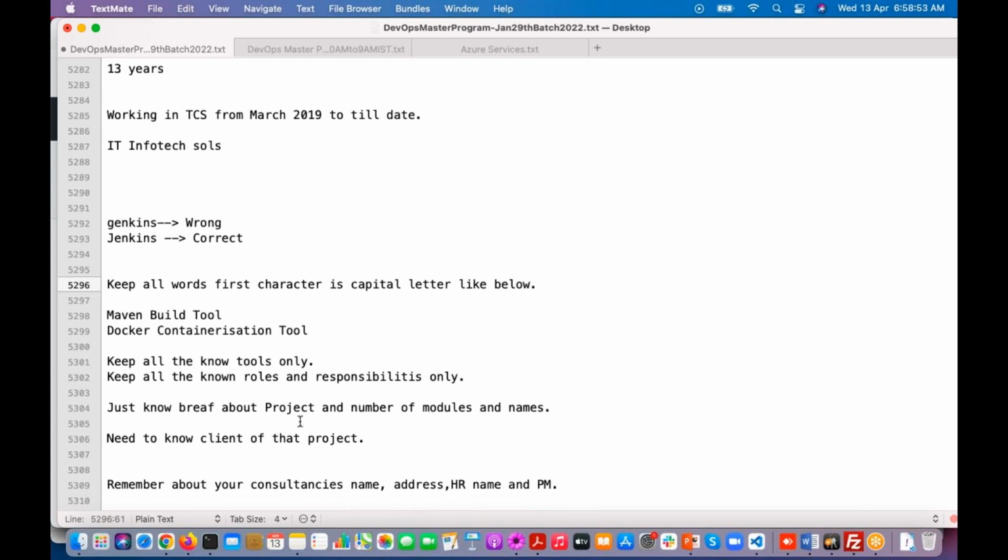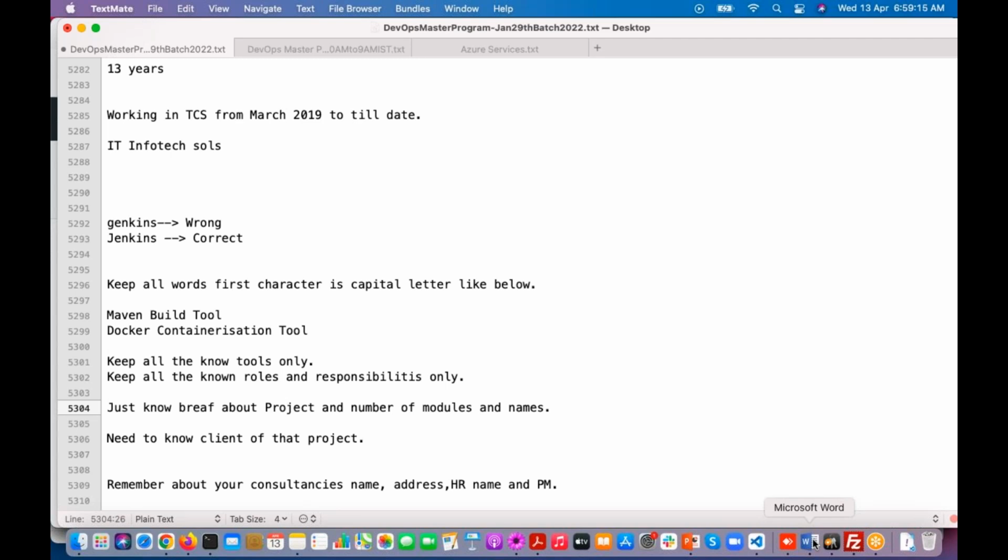Just know briefly about your project, the number of modules and their names. I'm going to share some sample resumes, right? From those sample resumes, you can take some projects and keep those projects in your resume.